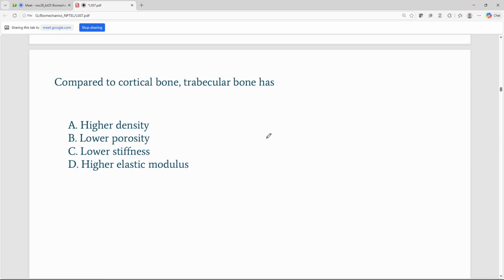Next question: compared to cortical bone, the trabecular bone has dash. Options are: option A higher density, option B lower porosity, option C lower stiffness, option D high elastic modulus.